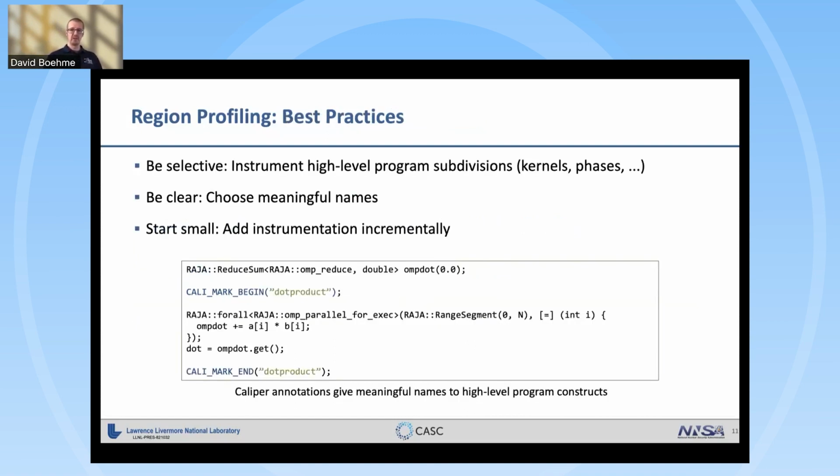So how do you go about instrumenting a code? Here are a few guidelines. First of all, it's usually good to be selective. Usually you instrument high-level program subdivisions like kernels, phases, and things that are meaningful to you as a developer. The instrumentation is not really meant to pinpoint bottlenecks down to the source line level.